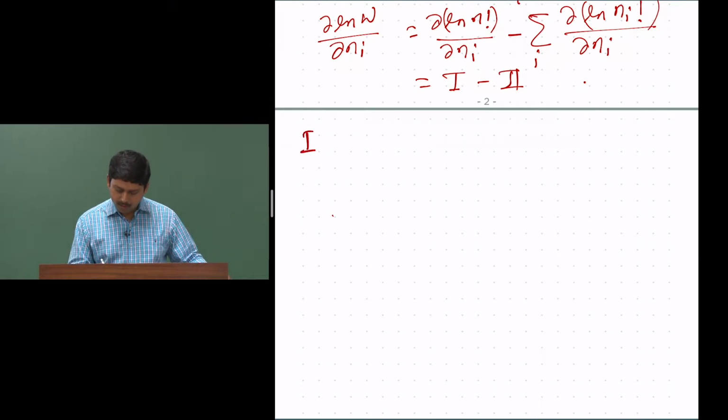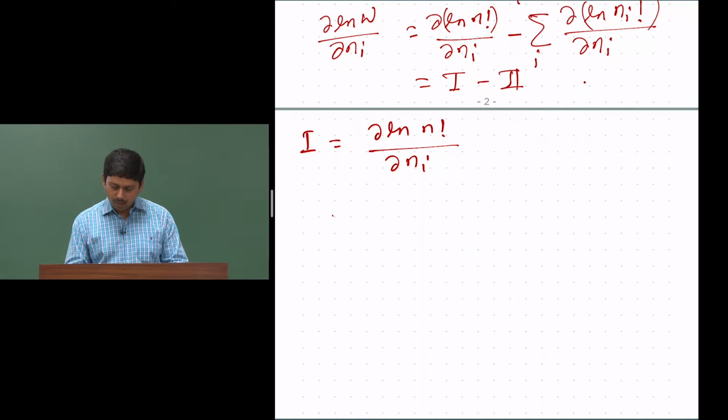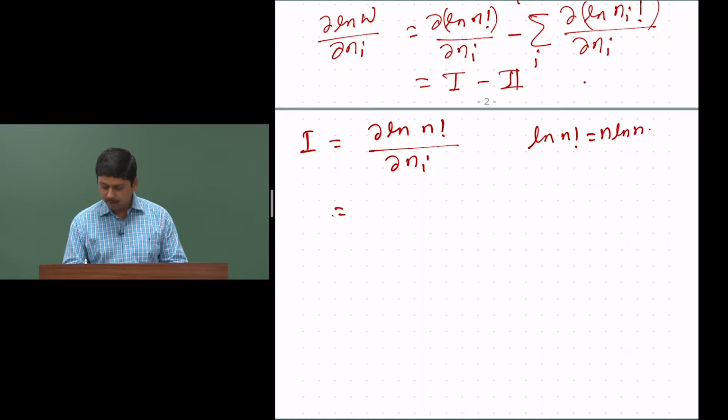So, 1 is del ln N factorial by del n_i. Now, we know that using Stirling's approximation, ln N factorial is N ln N minus N, and the N itself is the sum over n_i's.